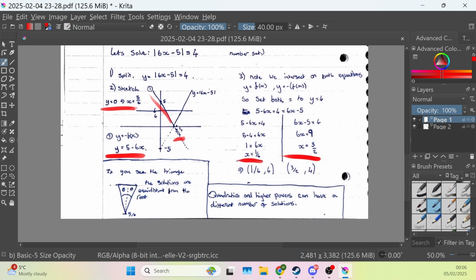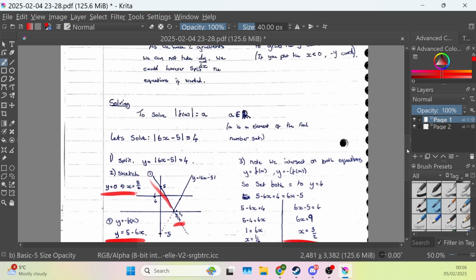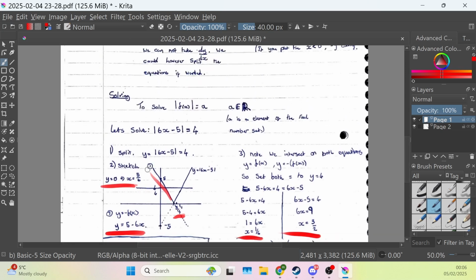So this first one on the right, quadratics and higher powers can have a different number of solutions. What do I mean by that? Well, if this was a quadratic, as you saw before, it would come down, and say it was a really steep quadratic, it's coming in like this. It would come down and hit the y-axis down here, so it would actually bounce all the way up, but then it would come back up, so you'd intersect 4 times.